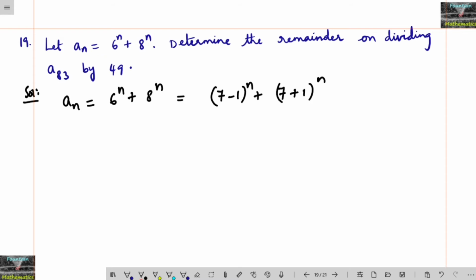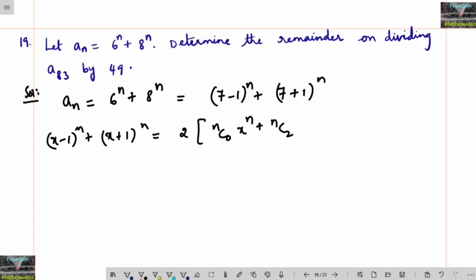And since we know that (x minus 1) whole power n plus (x plus 1) whole power n is equal to 2 times nC0 x to the power of n plus nC2 x to the power of n minus 2 plus nC4 x to the power of n minus 4, and so on.